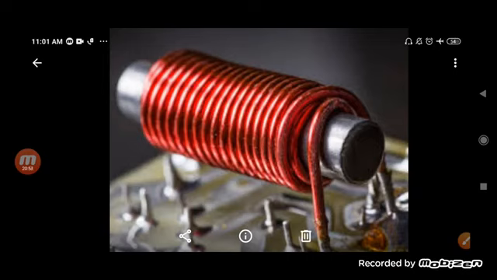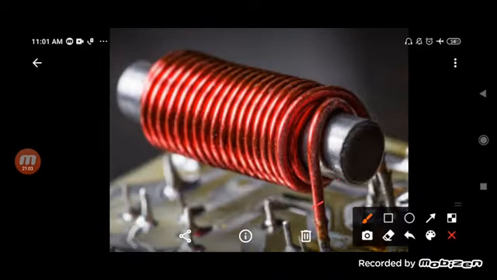You can see one end of the solenoid behaves like a north pole and the other end behaves like a south pole. These two wires which come out of the solenoid are connected to a battery, and when the electric current flows through the solenoid, a magnetic field is set up around it, which is similar to the magnetic field of a bar magnet.